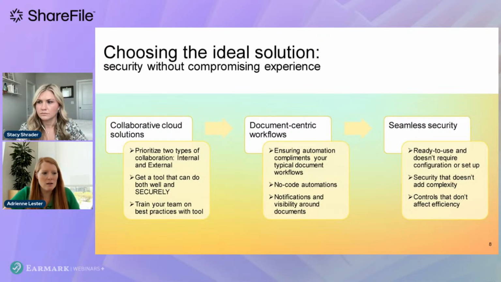Frankly, even some of the automation that Stacy's mentioned, if you can get this to a point where it's just doing the same behaviors over and over again, that in and of itself is going to reduce some of that complexity that exists in a lot of these more lockdown solutions. And you want your controls to not affect efficiency.